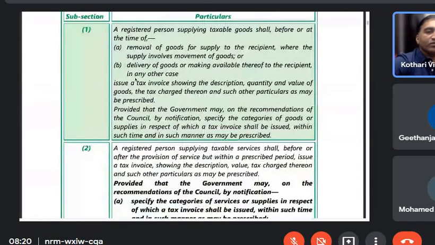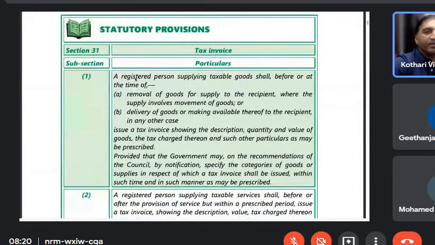So now we will go to section 31, tax invoice. Section 31 subsection 1 we have already seen. When should the tax invoice be issued? In the time of supply of goods and time of supply of services, we have already seen this part. In time of supply of goods, what did you see?